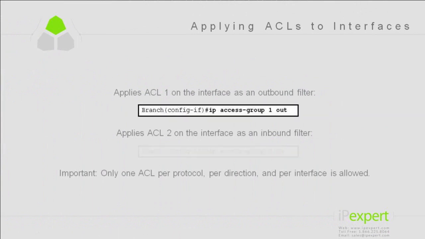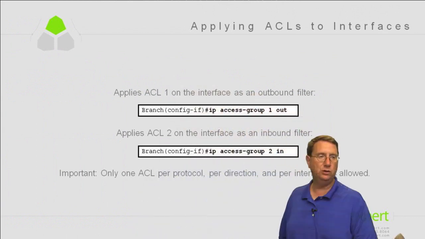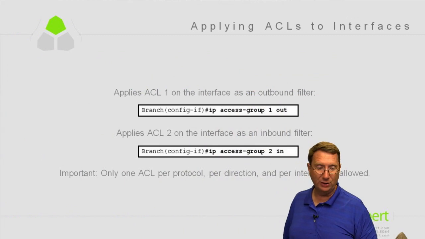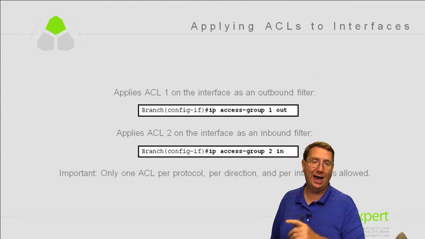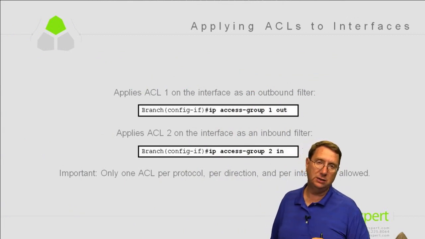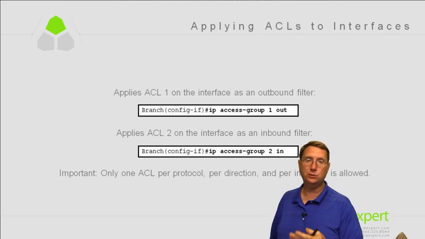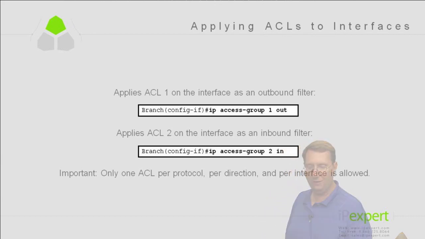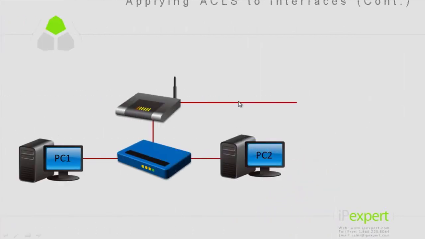Well, like I said, we apply them to interfaces, and we can do it in an outbound or inbound fashion. Keep in mind that one single command, ip access-group, followed by the access list number, in this case 1 and 2, which means we're using standard access lists, either inbound or outbound on a given interface. So simple enough, and we've already seen that deployed in our examples.